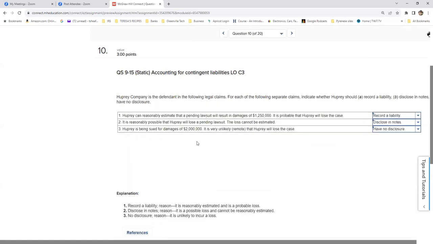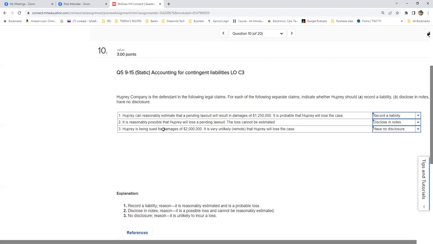Next, accounting for contingent liability. So the first one, Humphrey can reasonably estimate that a pending lawsuit will result in damages of $1.25 million. It's probable he will lose the case. So you're going to record this as a liability, a lawsuit payable, I guess.